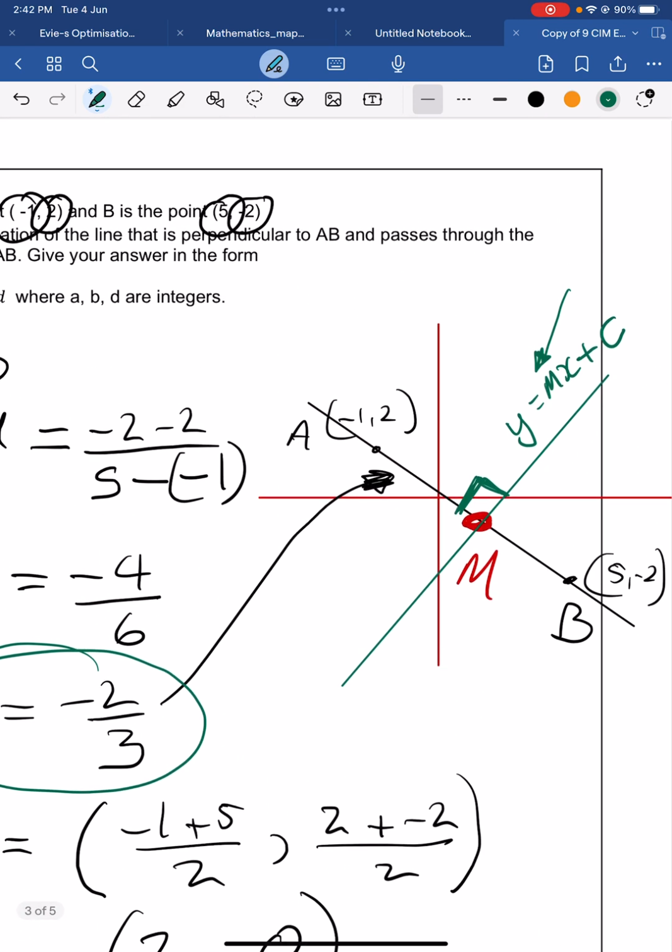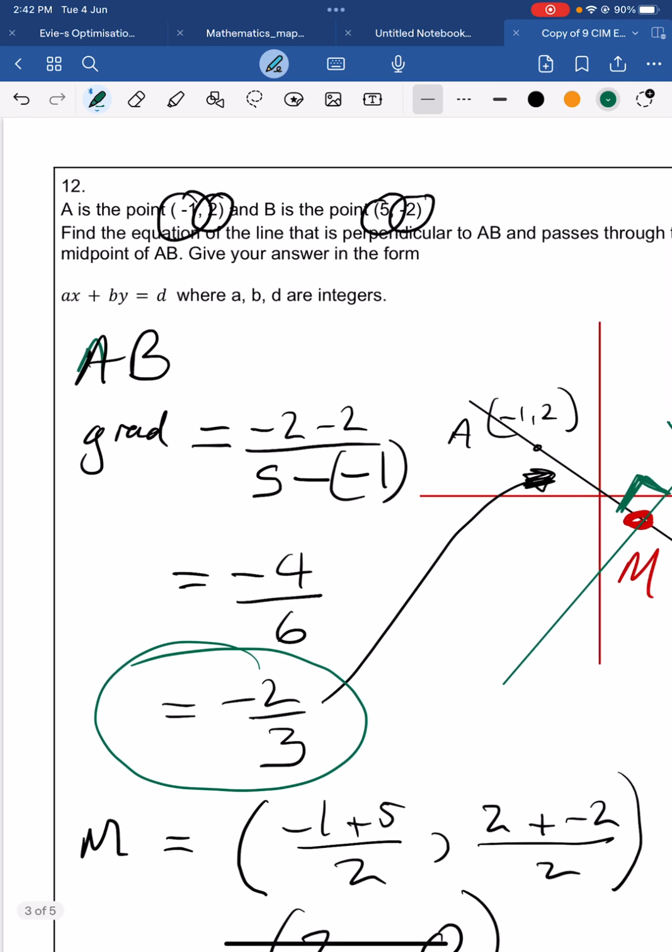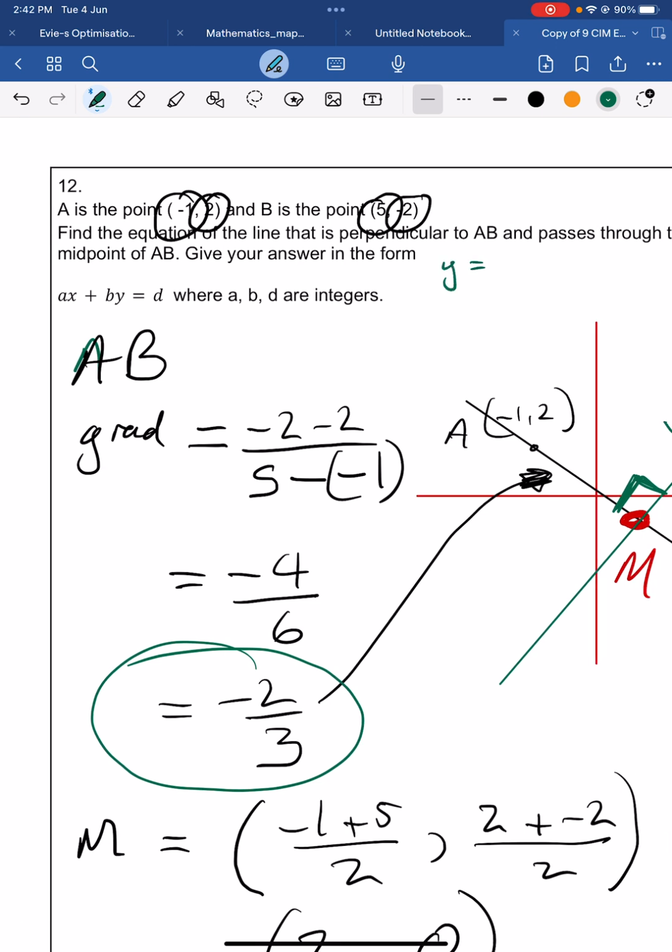But when we look at the question, we've got y equals 3 over 2x minus 3, but it wants ax plus by equals d. So we need the x's and y's on the same side, and we need a, b, d as integers. We cannot have any fractions.